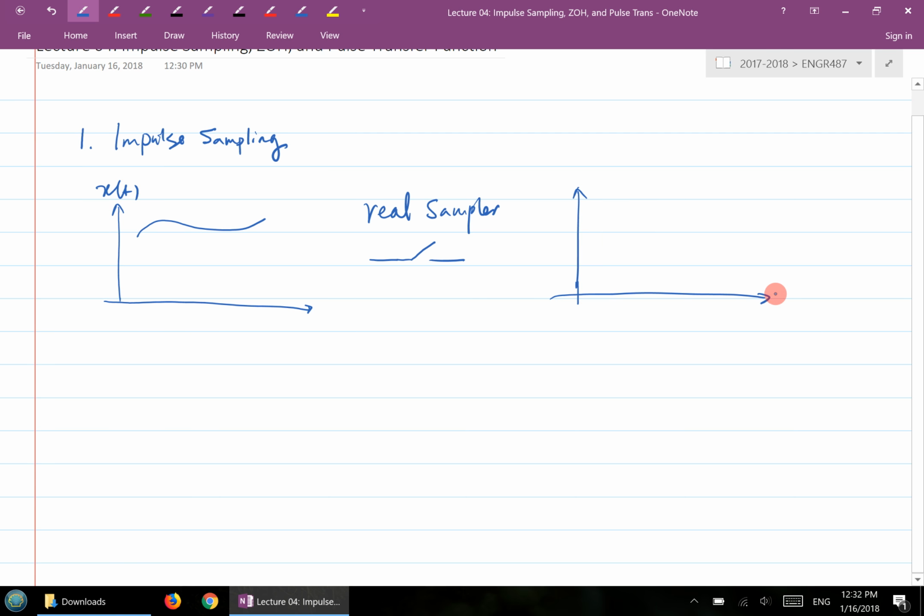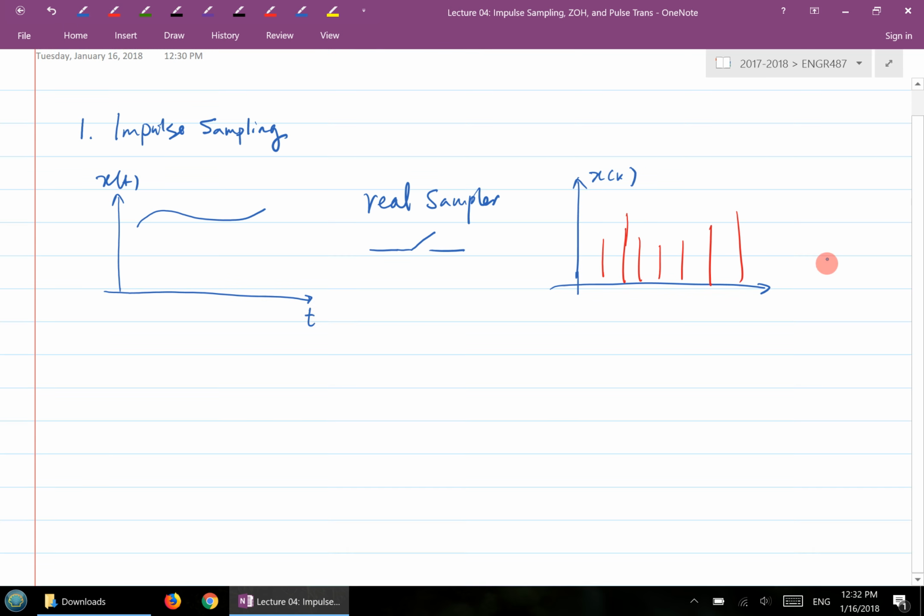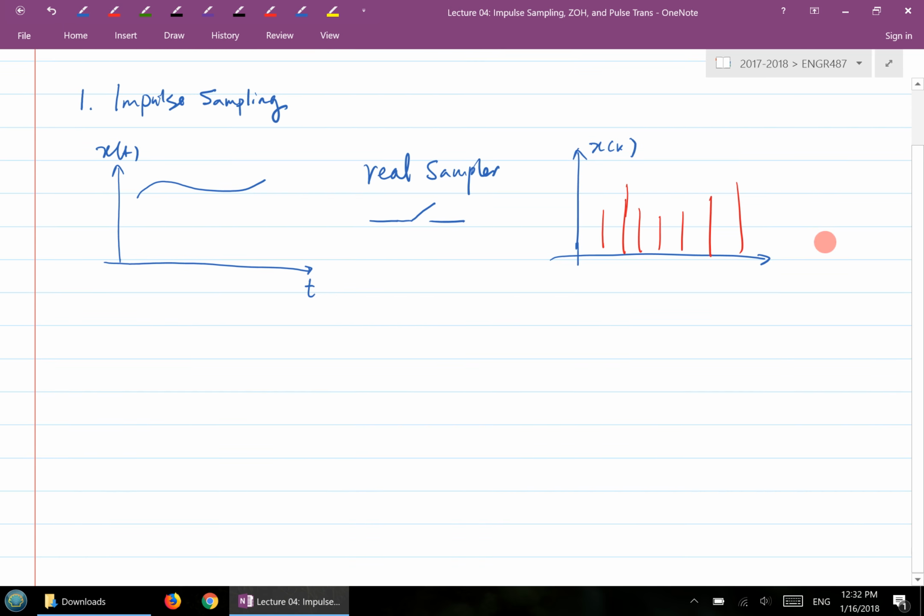You sample this signal, and we get a sequence of numbers out of the sampling, and we call it x of k. So that's basically the sampling process.